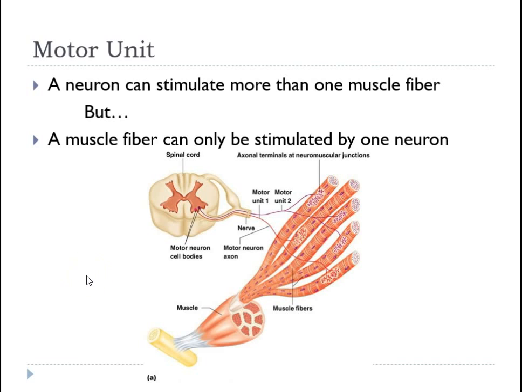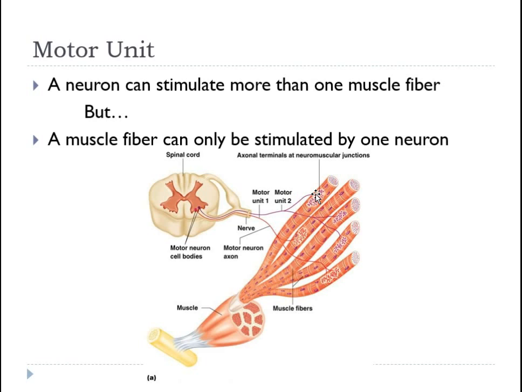But a motor unit can stimulate one or more muscle fibers, and that's because one motor unit could go to one muscle, or it could go to a couple of muscles at the same time and contract them all at the same time.